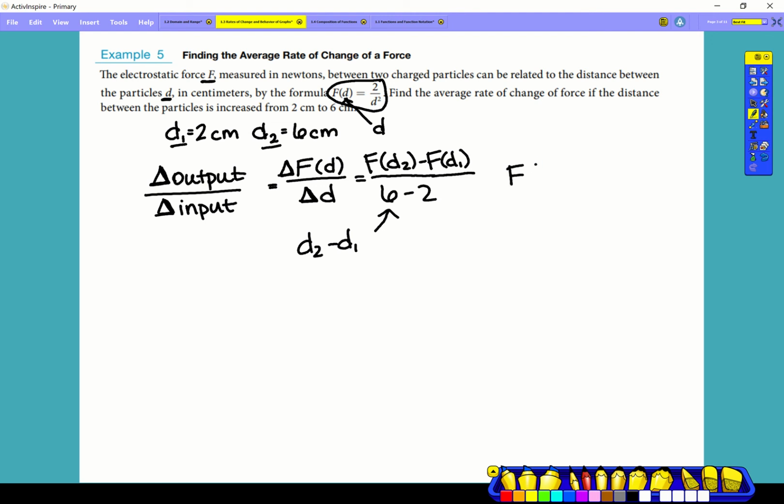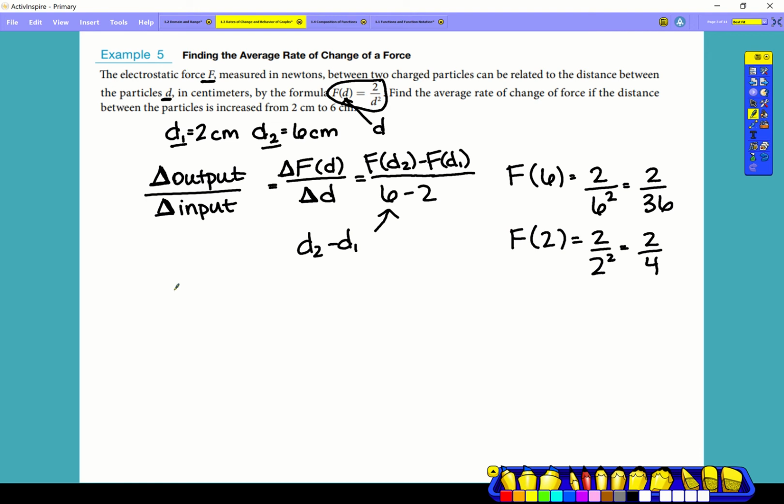So keeping that in mind, F of D2, D2 is 6. So we have 2 divided by 6 squared. It's 2 divided by 36. F of D1, D1 is 2. 2 divided by 2 squared is 2 divided by 4.